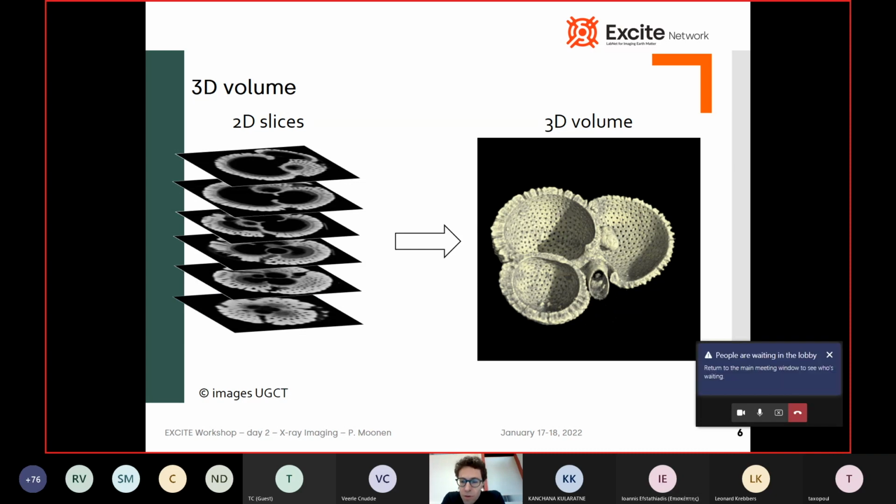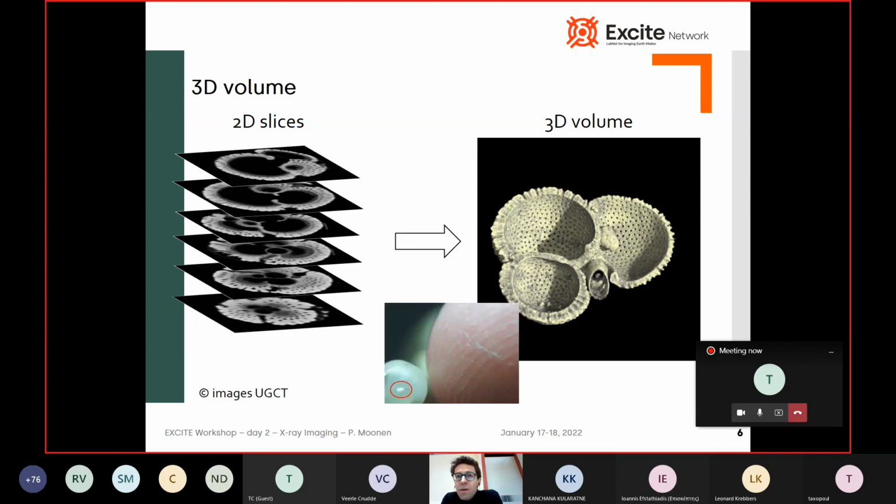Now, I'm speaking for a lot of geologists, so they might have recognized the foraminifera here, and they know how big this is. For the people that are less familiar with this type of object, I provide you this image to give you a sense of scale. So what you see is a finger of a person. On that finger, the greenish stuff is like a gel, and in that gel, you see this tiny white dot.